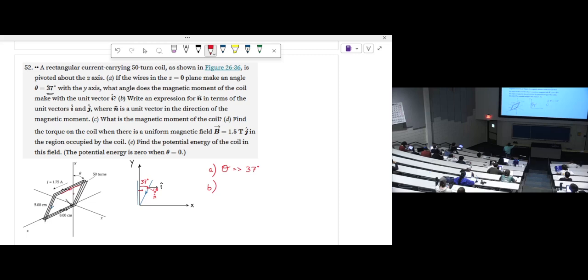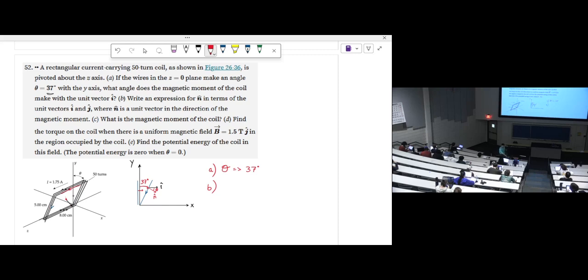Another way you could think of it is my thumb aligns to the direction of the current, and then I reach with my fingers towards the point that I'm trying to measure the magnetic field at. So I'm going to reach towards this point right here. The direction of my palm, or the direction of my finger curl, is the direction of the magnetic moment, which in this case is going to be out this direction of the loop instead of the opposite direction that you suggested.